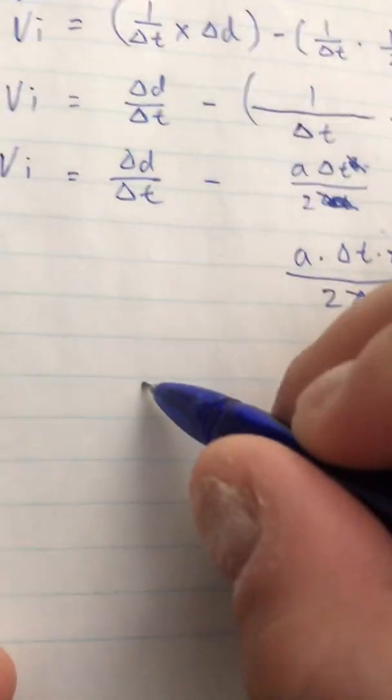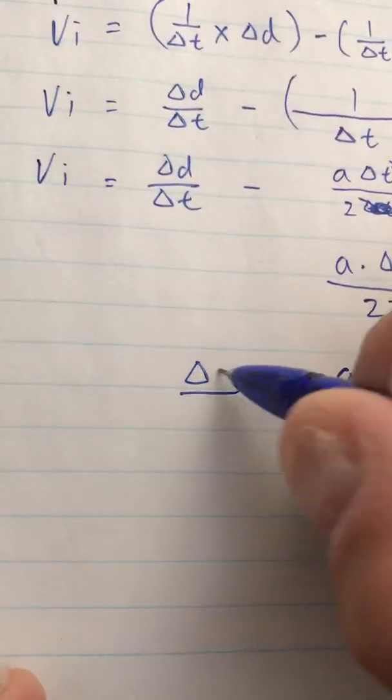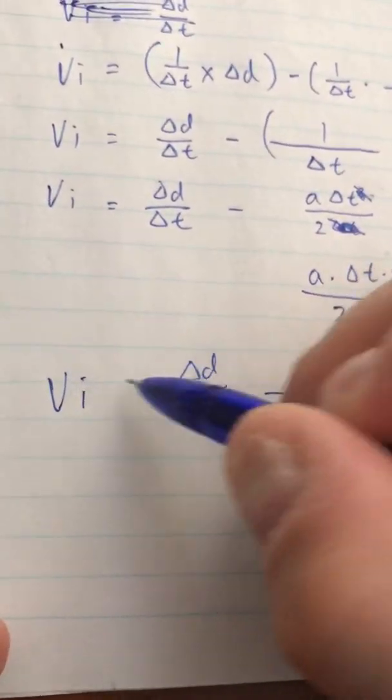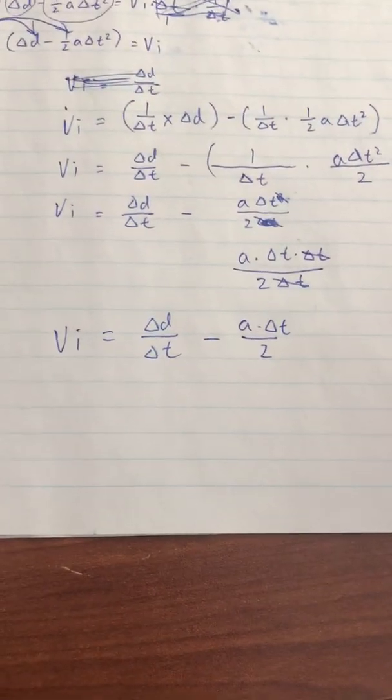And just copy this one down: VI equals delta D over delta T minus A times delta T over 2. And that is the answer.